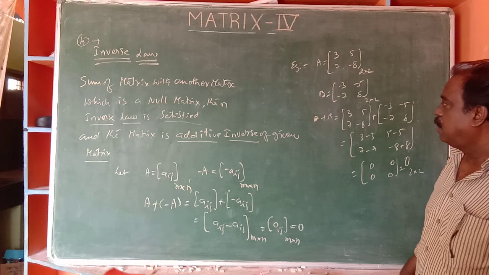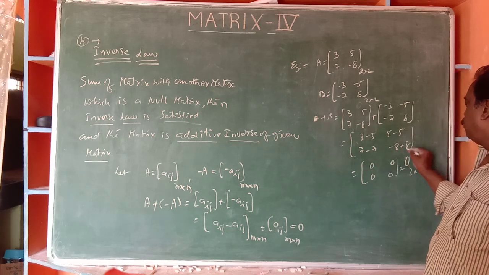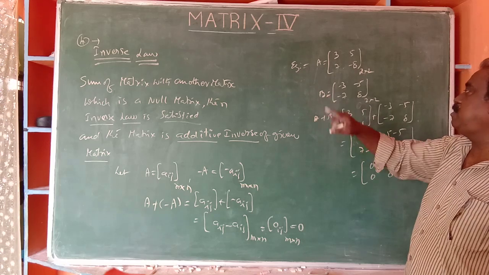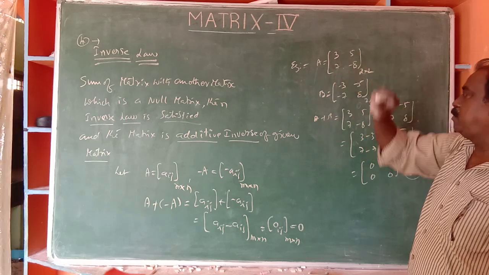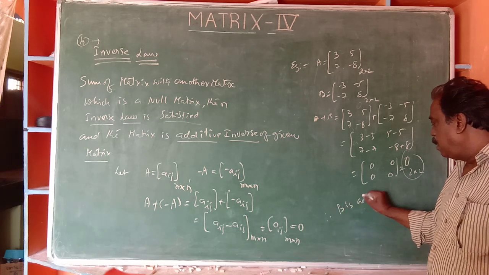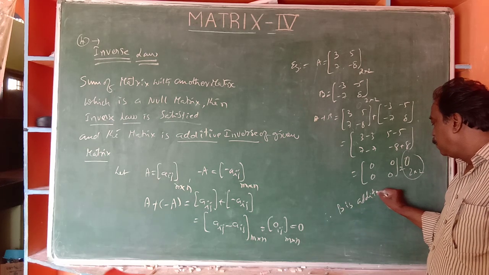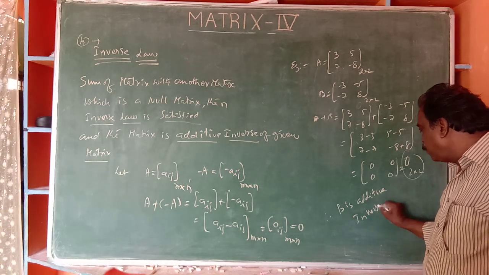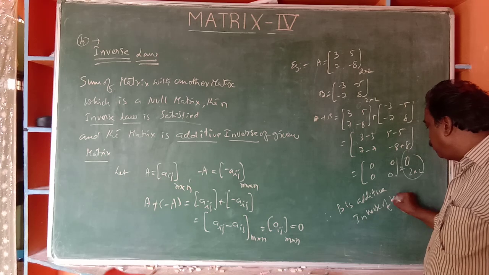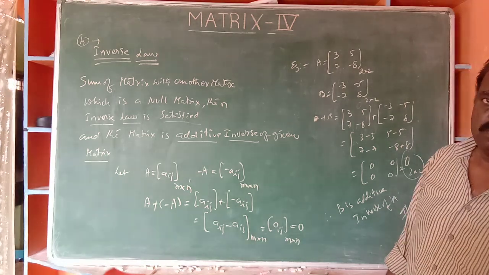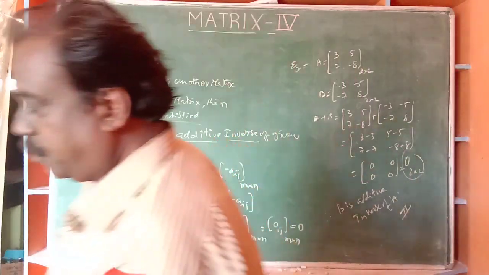The resultant is a 0 matrix, null matrix. So B is the additive inverse of A. Therefore B is the additive inverse of capital A. Like that we can define.